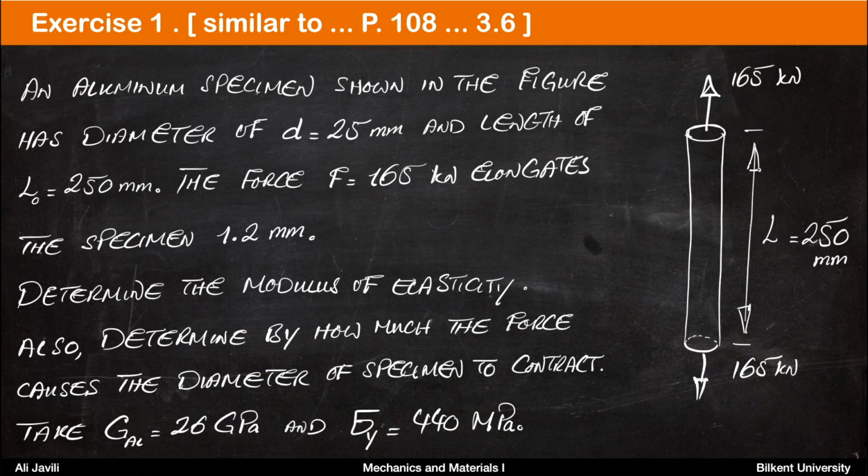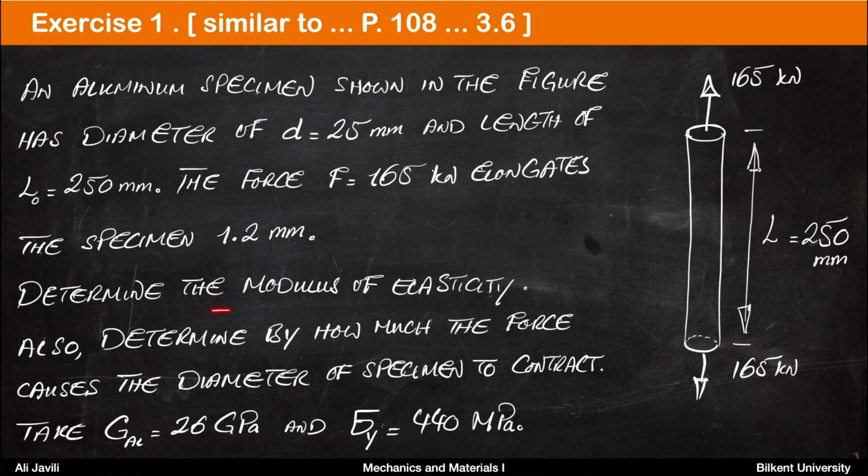An aluminum specimen shown in the figure has a diameter of 25 millimeters and a length of 250 millimeters. I am showing the lengths by subscript 0, indicating that it is the initial length. The force F of 165 kilonewtons elongates the specimen by 1.2 millimeters.